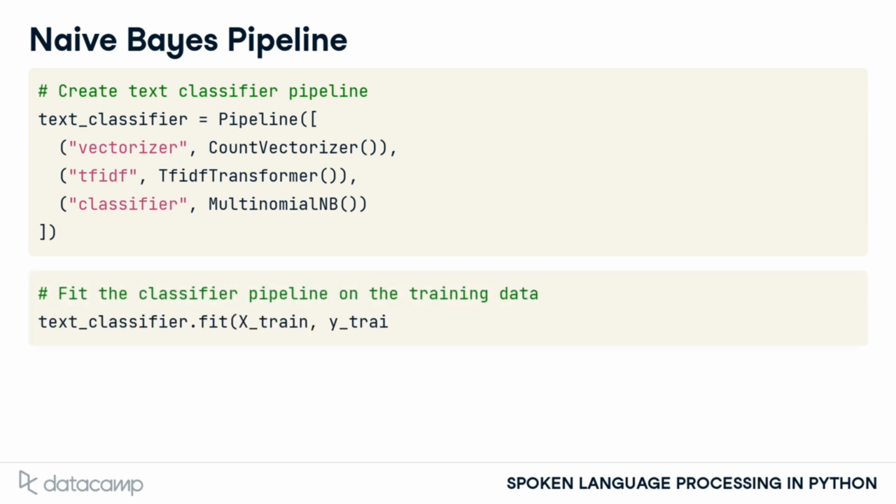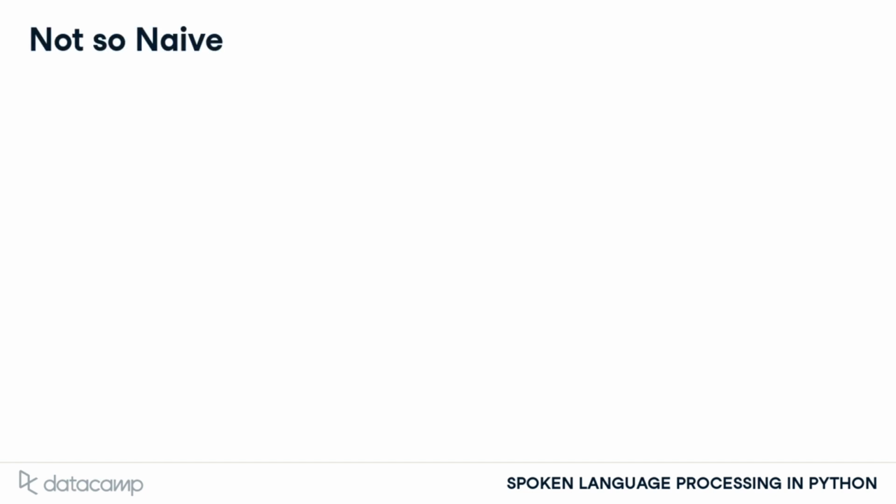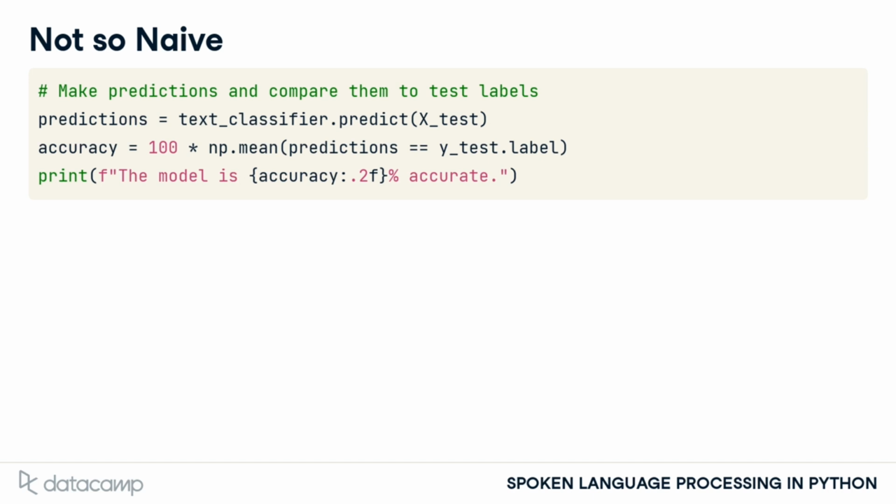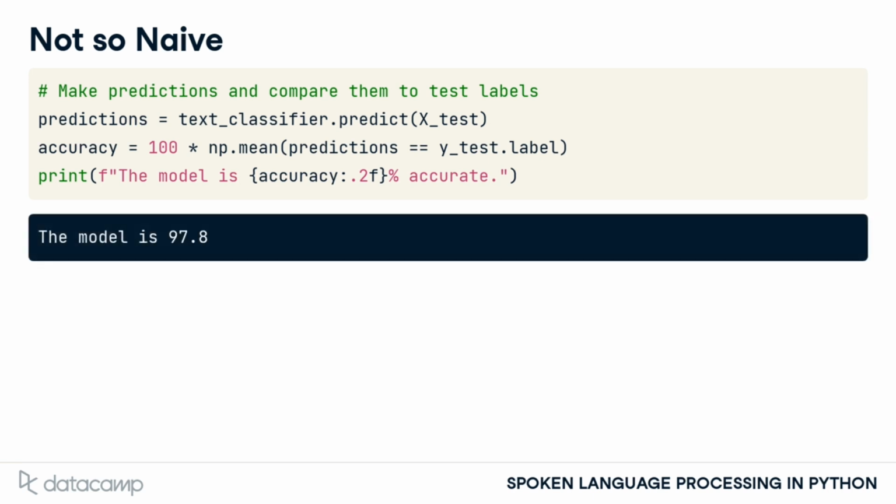To train the model, you call the fit function on your text classifier and pass it the training data. Once you've got a trained model, you can evaluate it by calling the predict function on your classifier and passing it the test set data. Then you can use NumPy to compare the predictions to the test data labels. That's not a bad model. Not so naive after all.